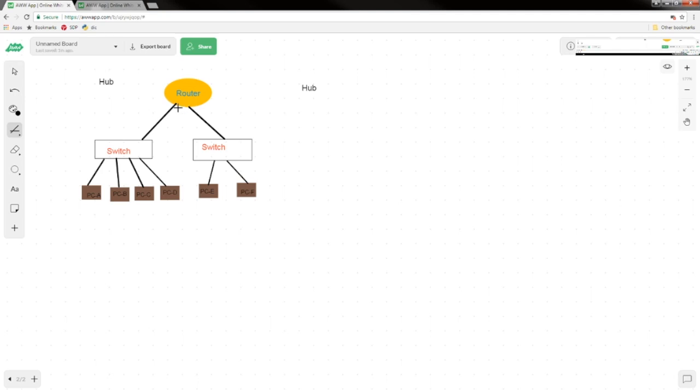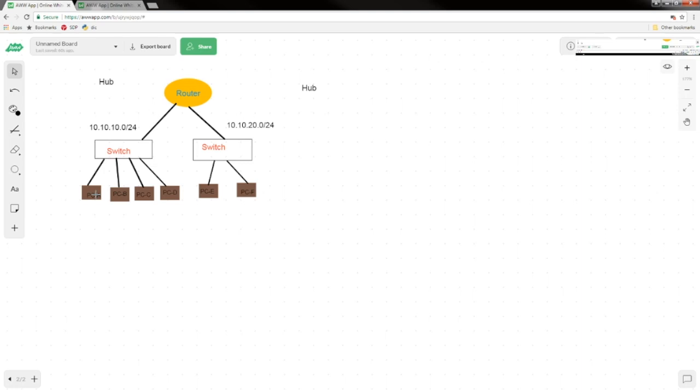Routers cannot have two interfaces on the same network, so we have to use different networks on each side. Let's say 10.10.10.0/24 is the network address on this side, and on this side it's 10.10.20.0/24.